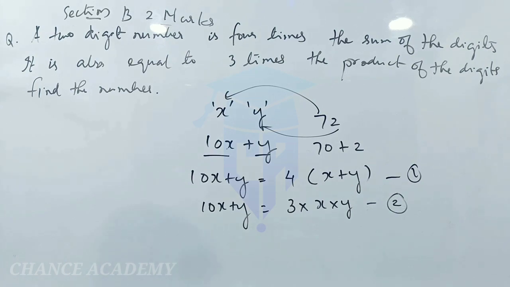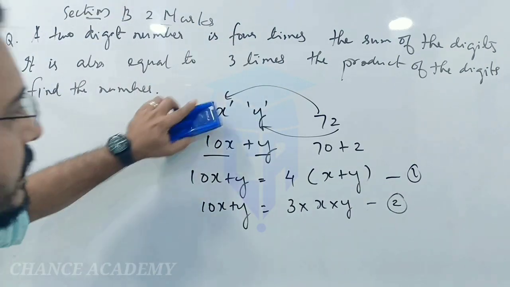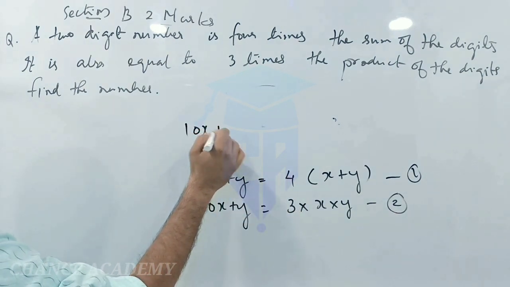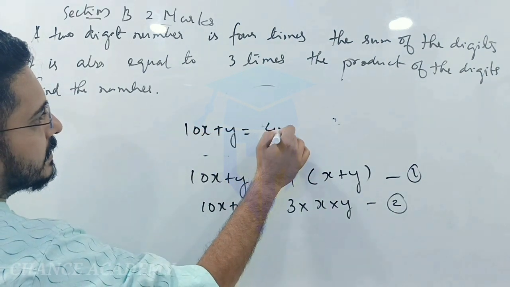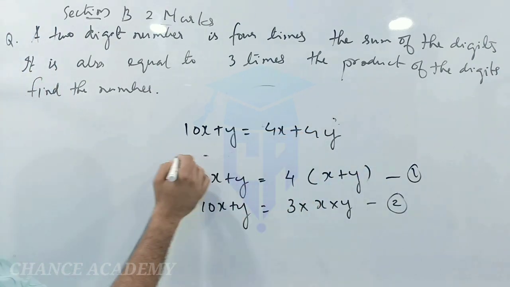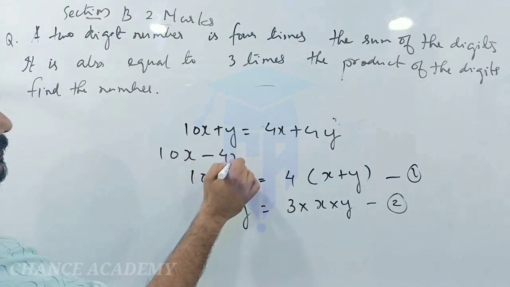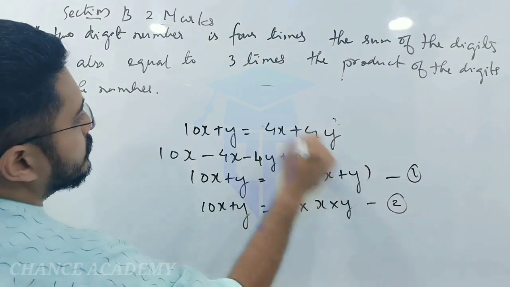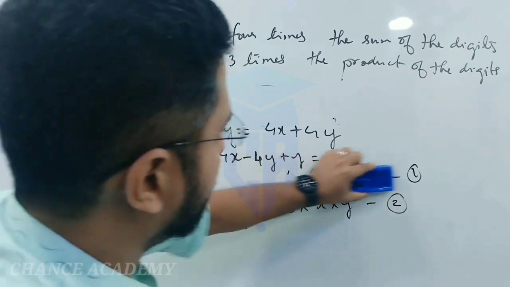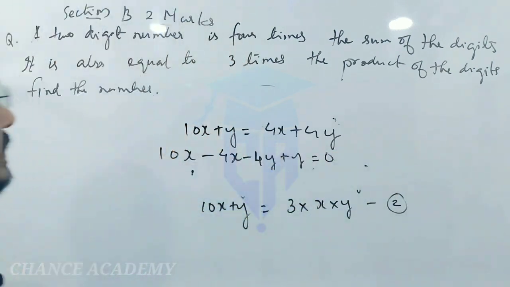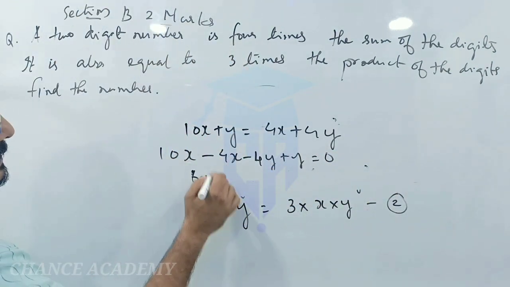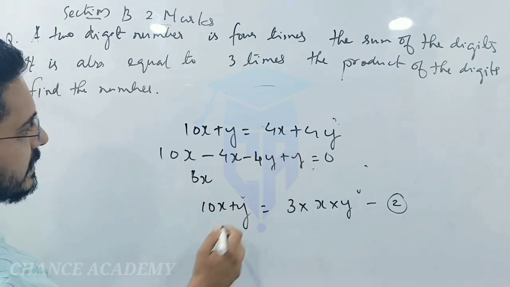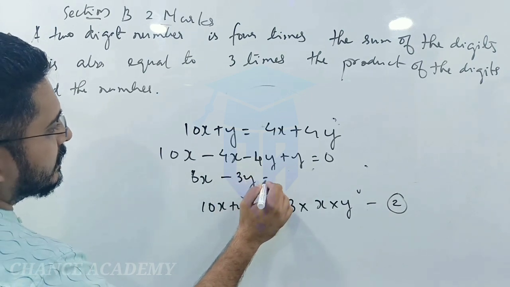Now look into this. You can rearrange the first and you will get a linear equation in two variables. From the first, you get 10x plus y is equal to 4x plus 4y. Rearrange this so that 10x minus 4x minus 4y plus y equals 0. 10x minus 4x gives 6x, and minus 4y plus y gives minus 3y, equal to 0.